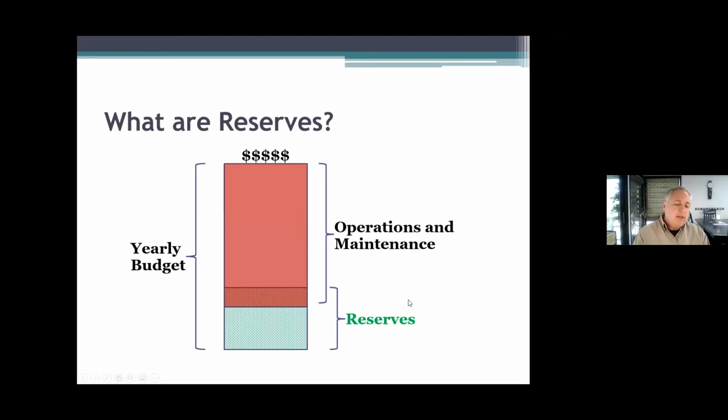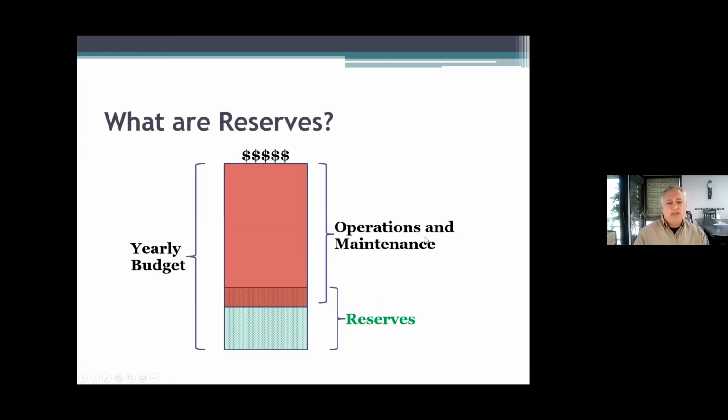And then you set aside some money for reserves, for things that need to be repaired, maybe. And then what happens many times is, oh boy, we had a lot more snow plowing this year than we thought, and we had to dip into our reserves to pay for some of these operations.